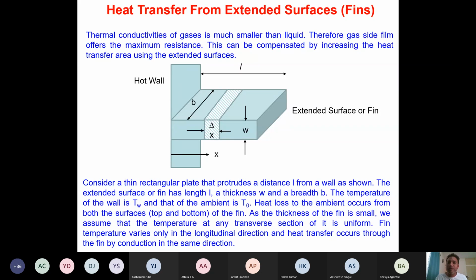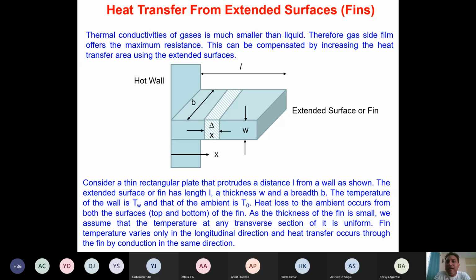Either we increase the heat transfer coefficient or we increase the area of heat transfer. Remember, Q is given as UA delta T or HA delta T, depending on what the different resistances present are. Correct. So there is little we can do in increasing h. Of course, we can use forced convection, but if we are looking at the ambient, that option is also limited, isn't it?